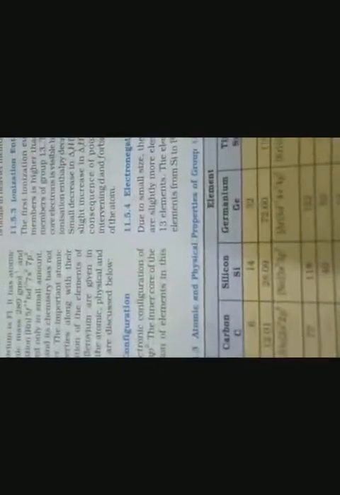Now germanium. Our second element was silicon, and third, after carbon and silicon, is germanium. Germanium exists only in traces. Tin occurs mainly as cassiterite, SnO2, and lead as galena, PbS.